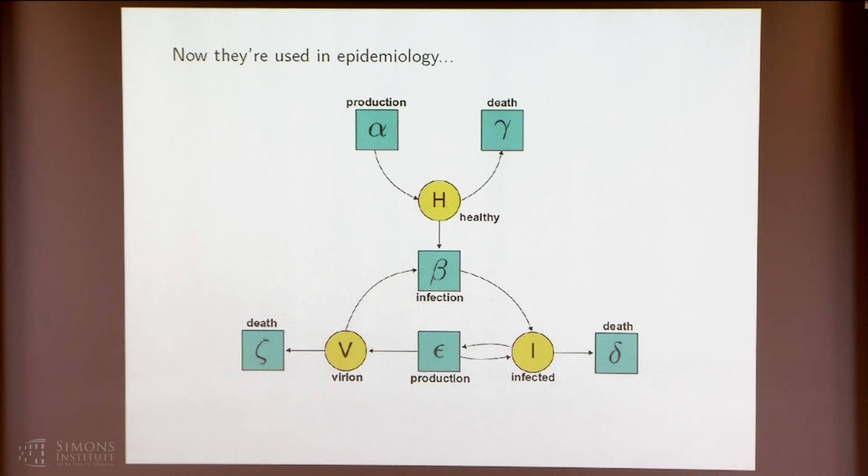So this is a syntax for describing ordinary differential equations. You could just write down the ordinary differential equations and not draw this picture, but this picture somehow makes it easier to understand what's going on, and in particular it's compositional in the sense that you can stick together these pictures to get fancier pictures, which is really a way of sticking together systems of differential equations to get more differential equations.